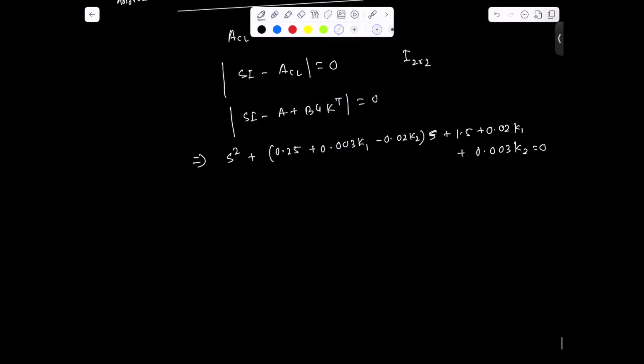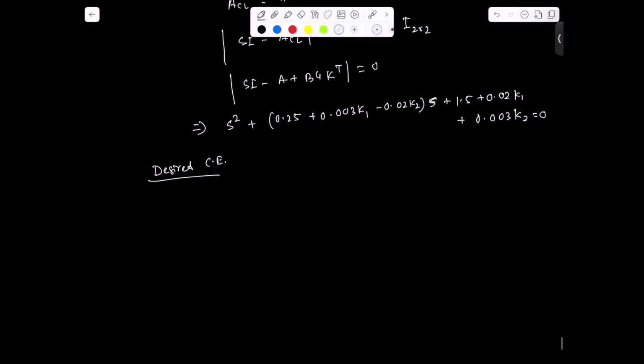I'm not going through the whole steps. And also we have the desired characteristic equation, s squared plus 0.6 s plus 1 equal to 0.